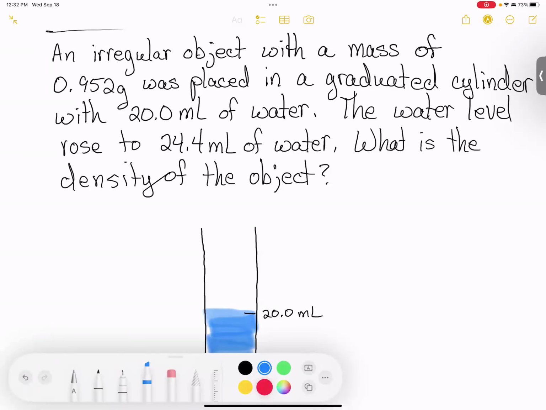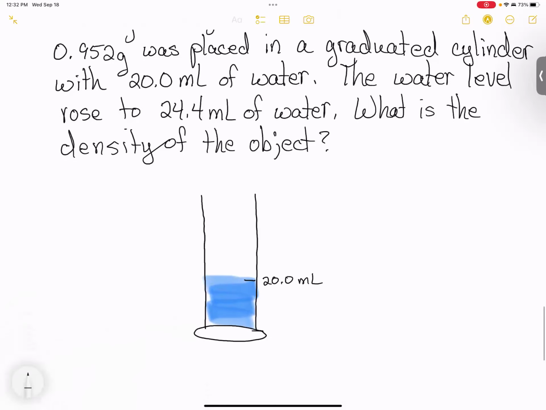When the object was dropped into the water, that object came to rest on the bottom of our graduated cylinder.